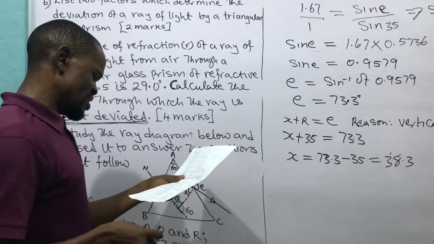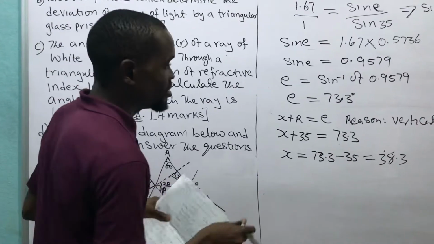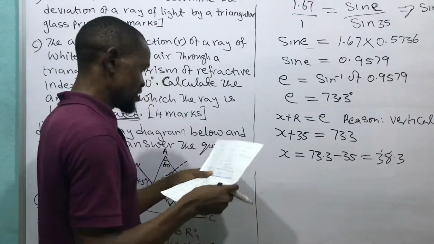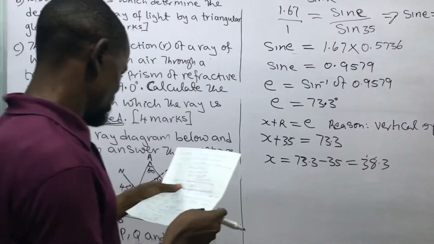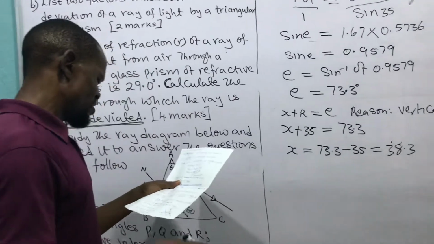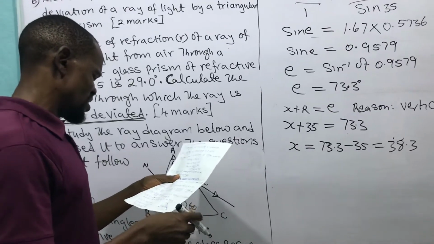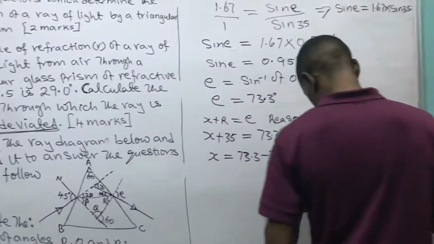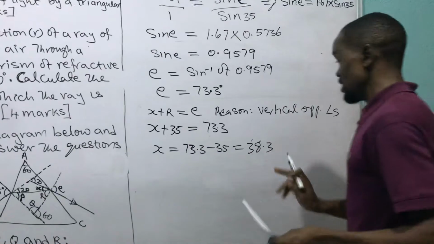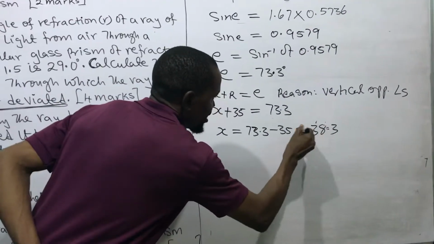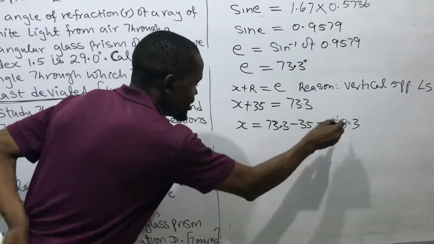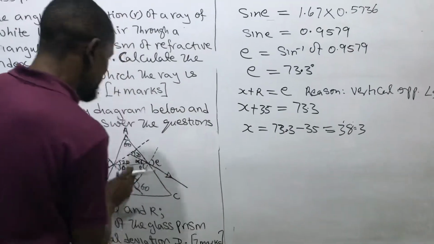That will give me, this 35 minus this, so 38.3. I'm correct, 38.3, that's the one, because I don't have a calculator yet, I'm using my brain. So now, coming back, I've gotten this.